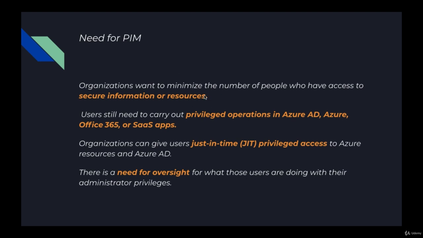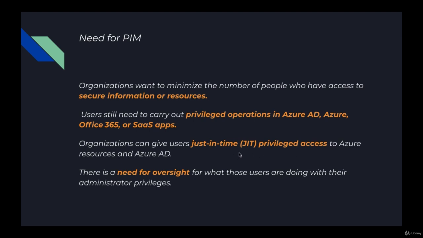Apart from that, users working within the organization still need to carry out privileged operations in Azure AD or Office 365. In that case, organizations have a feature in Azure called just in time, with the help of which privileged access to Azure AD or resources can be provided.